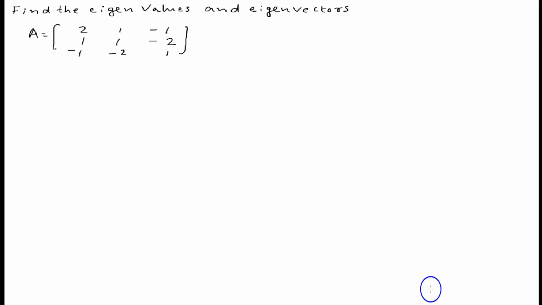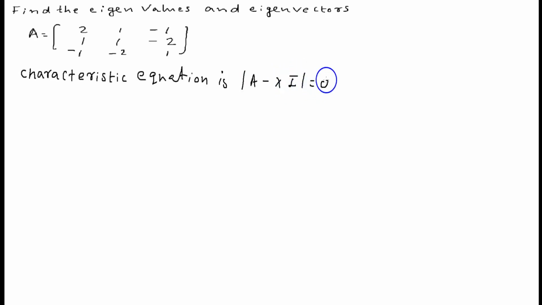first of all, we have to find the characteristic equation. Characteristic equation is mod A minus lambda I equal to 0. Subtract lambda from leading diagonal elements.